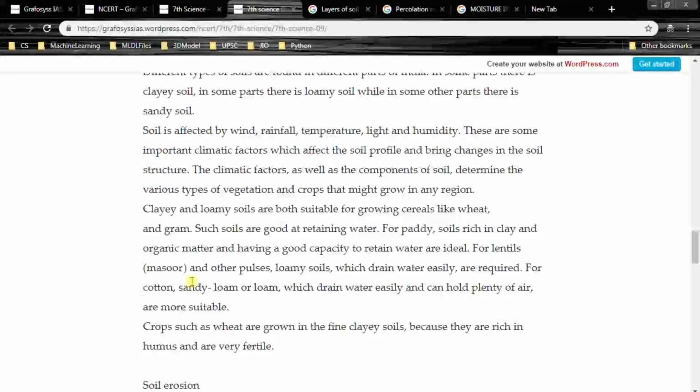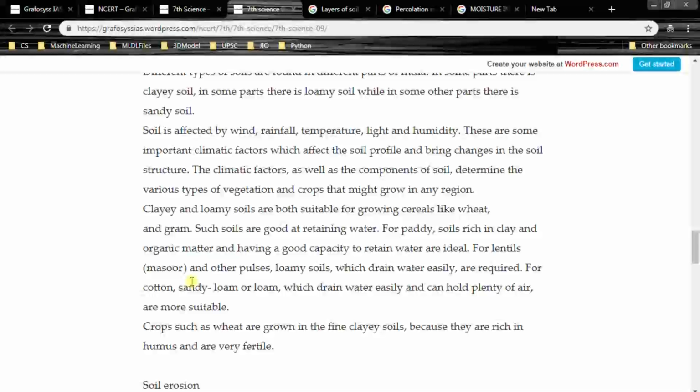For cotton, sandy or loam soils which drain water easily and can hold plenty of air are more suitable. For cotton, this is required: sandy or loam.